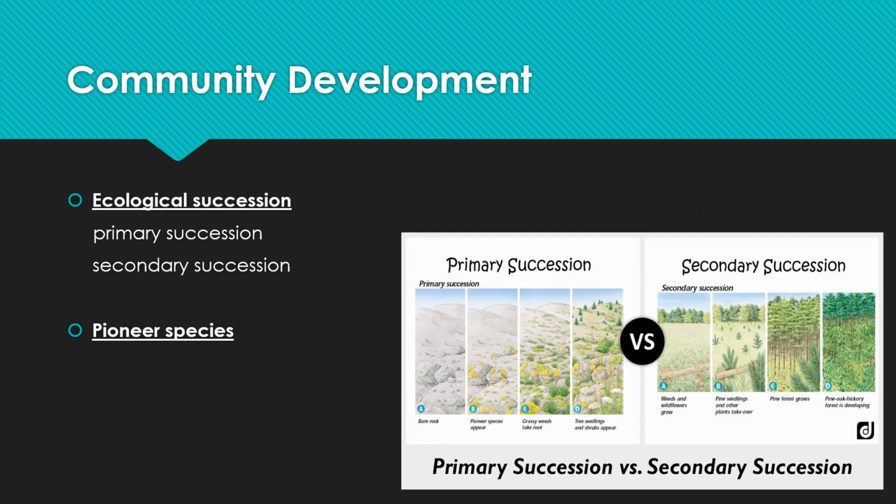So pretty much, how does a community develop? Well, everything, including a community, has a history. And when we look at a history, we can verify it and actually measure how successful it was. So let's say that we take a community like a forest, okay?